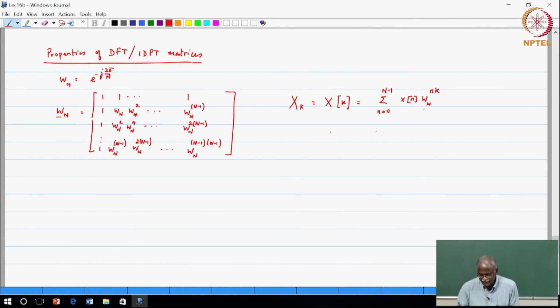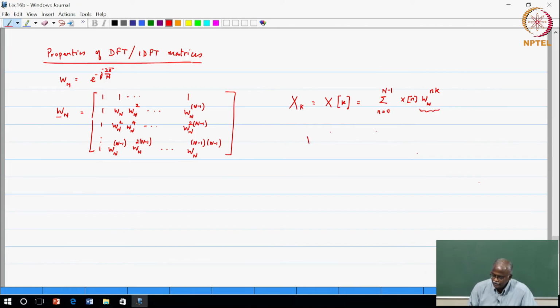Now, if you remember, this was what we observed to say that the filter bank actually comes from a DFT matrix, because this is how you compute the DFT coefficient. You take the inputs and multiply them by these phase terms, and then you sum them up to get the expressions that we are interested in.